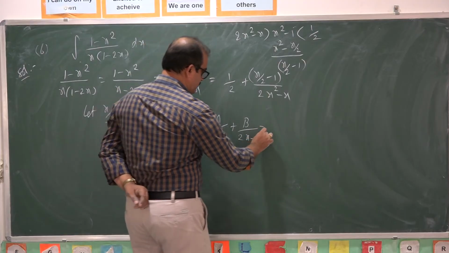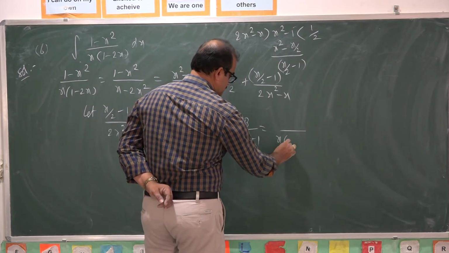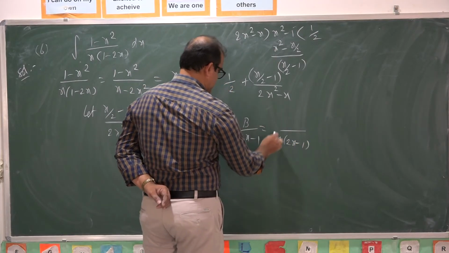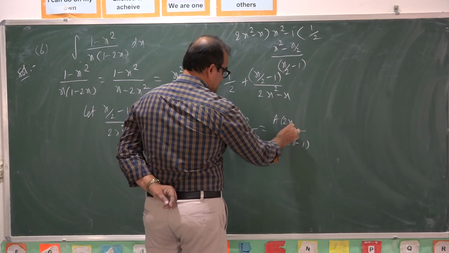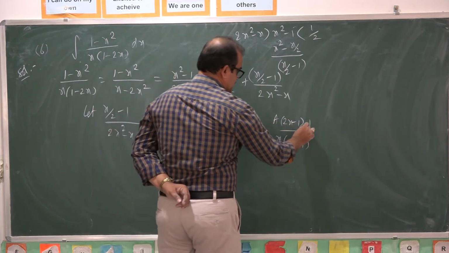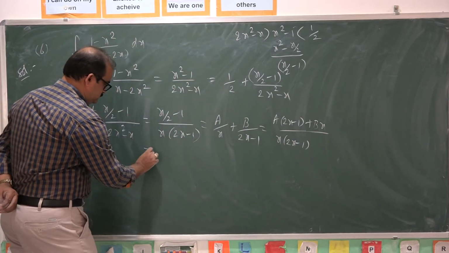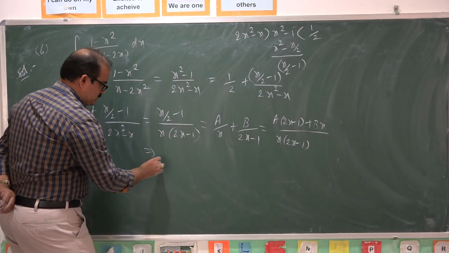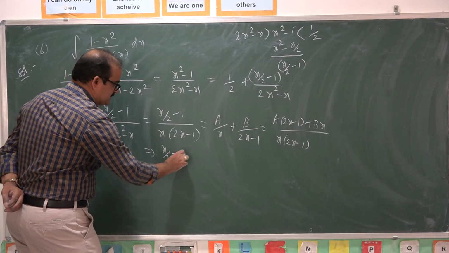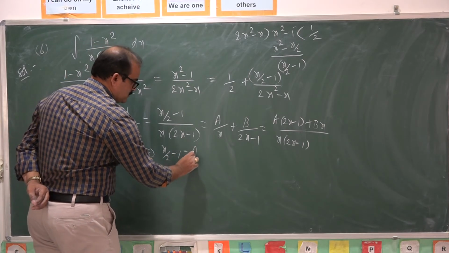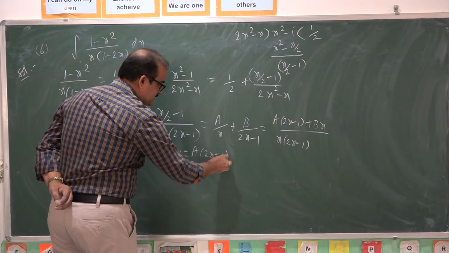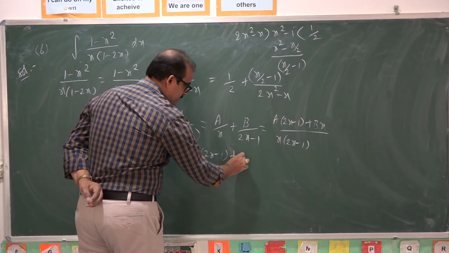Taking LCM, what we get? X into 2x minus 1, a into 2x minus 1 plus b into x. Now equating the numerators, we get x by 2 minus 1 is equal to a into 2x minus 1 plus b into x.